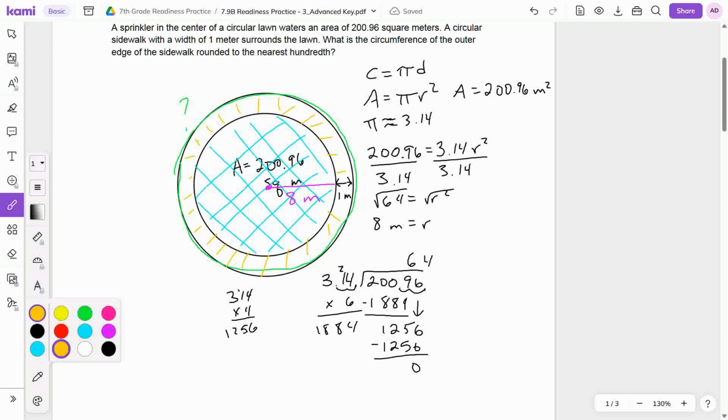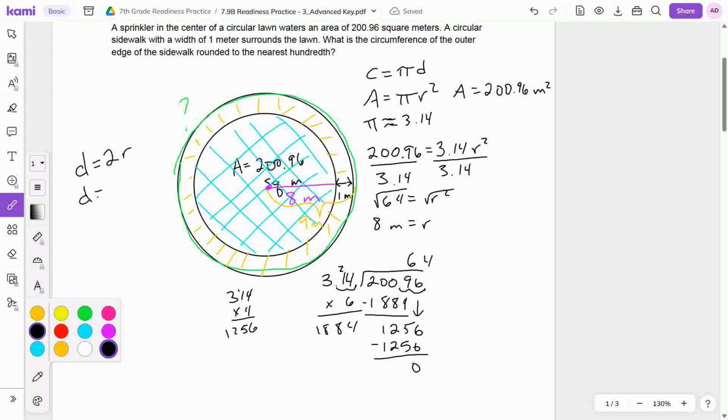Well, all I need is pi and then the diameter. If the radius of the entire outer sidewalk is 9 meters, I take my 8 and then I add that 1 meter. That's the width of the actual sidewalk itself. Then I can say my diameter equals 2 times my radius.